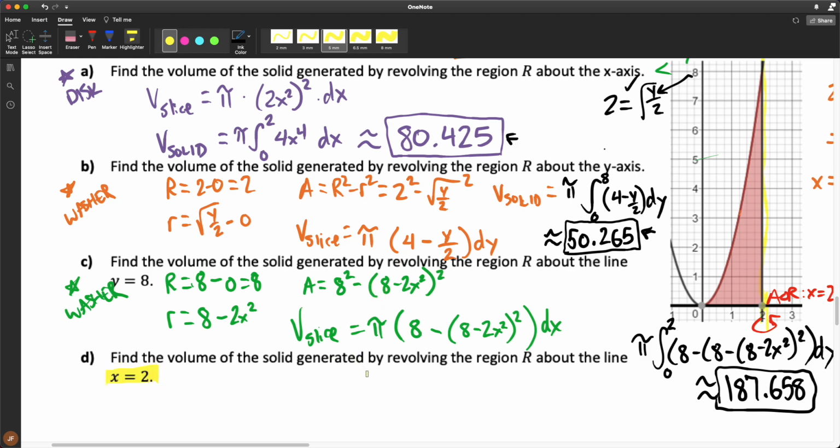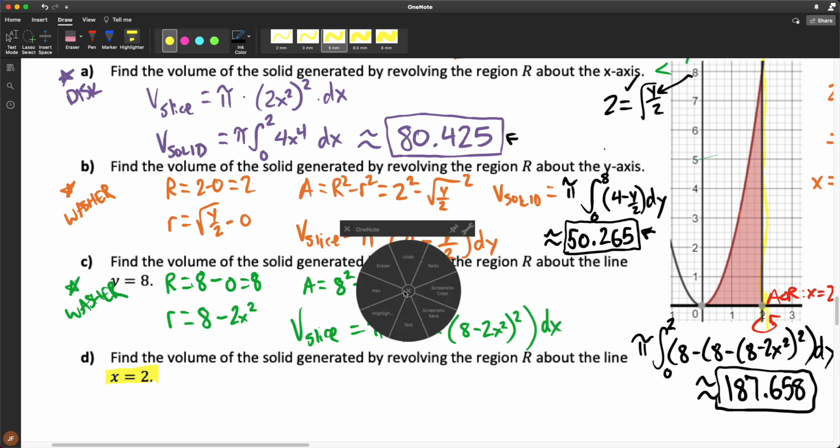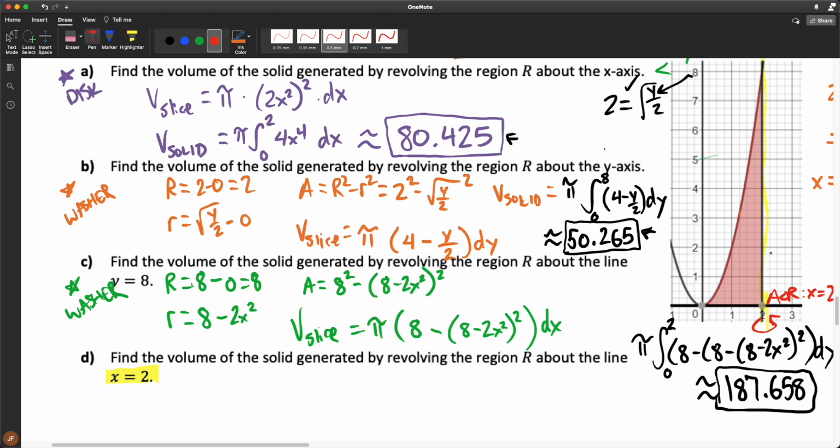All right, so which method are we going to need to use on this one? Okay, so between disk and washer, we got to say, is our solid stuck to the axis of revolution, connected for the whole ride? And yeah, it is on this one. So we can use the disk method. Okay, so from there, we're going to draw our rectangle example.